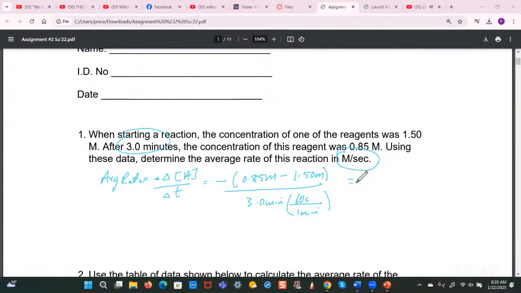Okay, so 0.85 minus 1.5, and then I put a minus sign in front of that, then divided by 60. The answer I got, and correct me if I'm wrong, is how many sig figs? 2 sig figs. So 3.6 times 10 to the minus 3, and the units would be M over seconds. And that's how that is done.